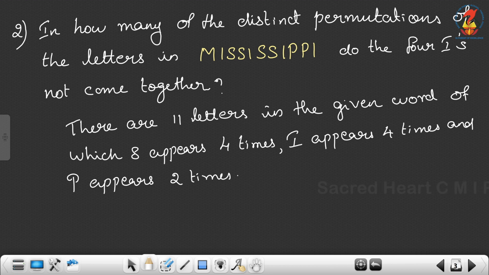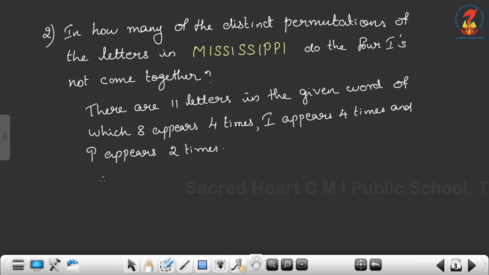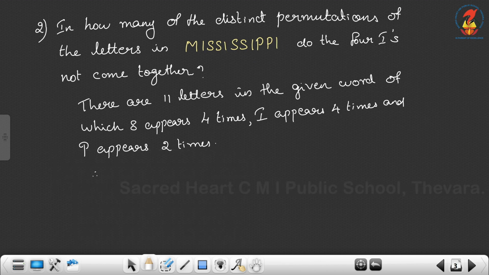Okay. So total number of permutations is equal to, permutation means arrangements.